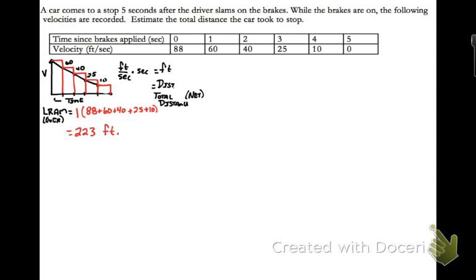And a good habit to get into is explaining it this way, because what this represents is the distance traveled from time t equals 0 to 5 seconds is about 223 feet.